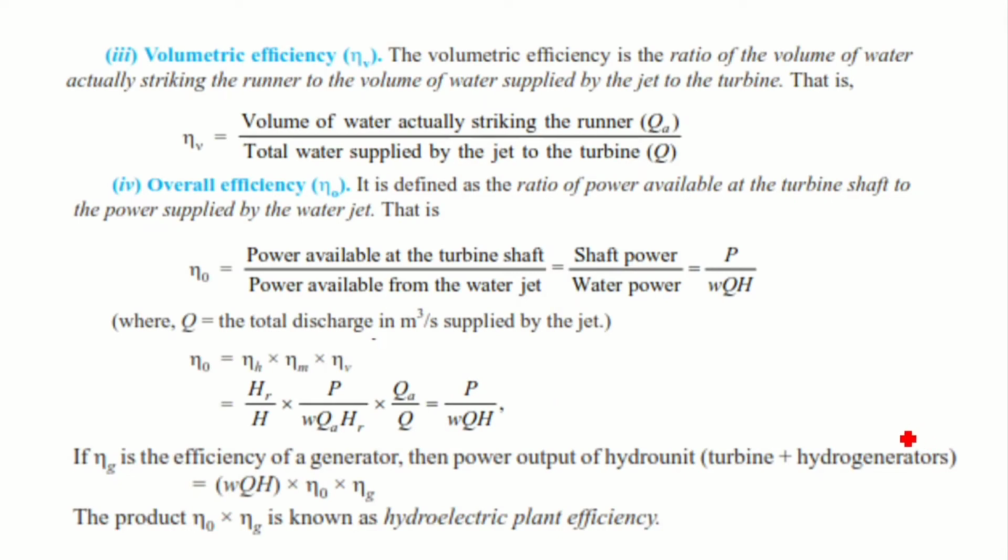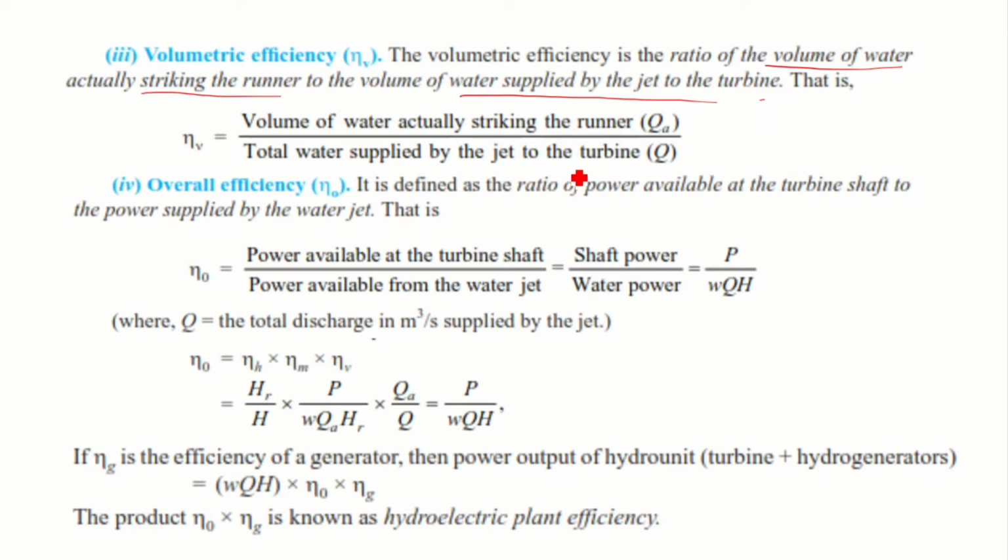So the next term is volumetric efficiency. The volumetric efficiency is defined as the ratio of the volume of water actually striking the runner to the volume of water supplied by the jet to the turbine. The output is the volume of water actually striking the turbine, and this volume of water is responsible for the production of power. The total water supplied means the water issuing from the jet.